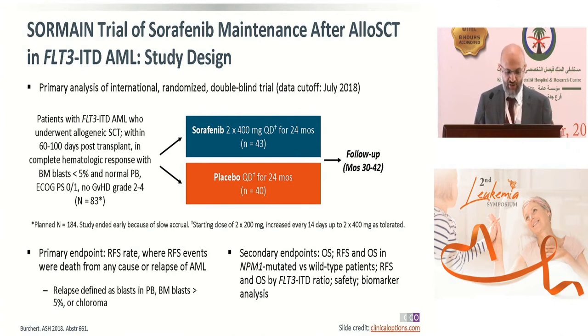Within 60 to 100 days post-transplant, if they were in complete remission, they were then randomized. They could have had prior GVHD, because there has been some historic data suggesting that sorafenib may enhance a GVHD effect, perhaps through the mechanism that I mentioned. The primary endpoint was RFS, and the secondary endpoint was overall survival.